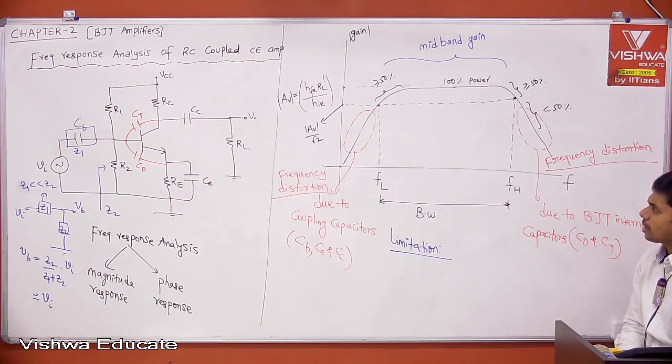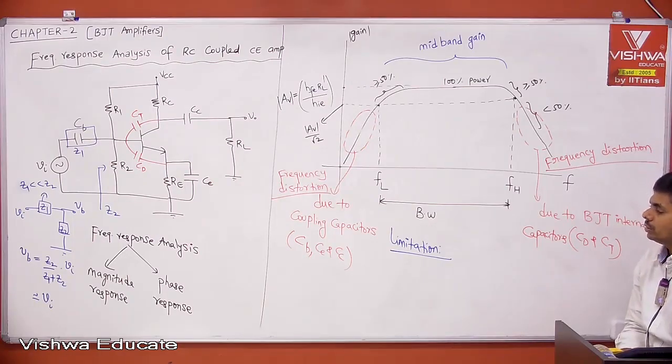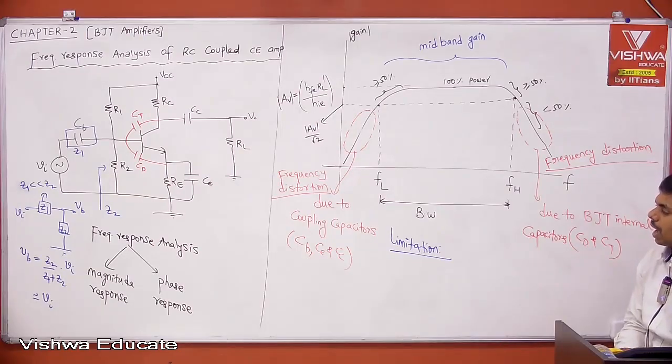RC coupled CE amplifier cannot amplify low frequency signals due to external coupling capacitors, in bracket CB, CE and CC. Okay. Write a note.